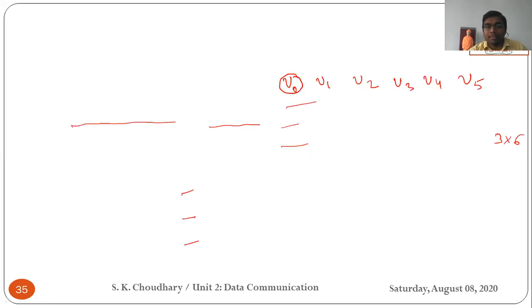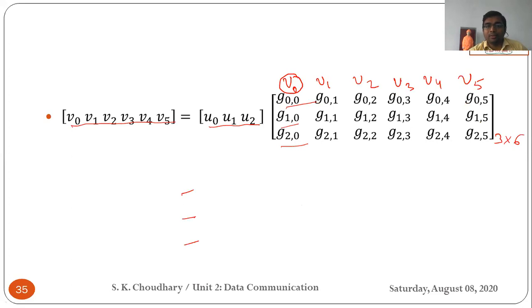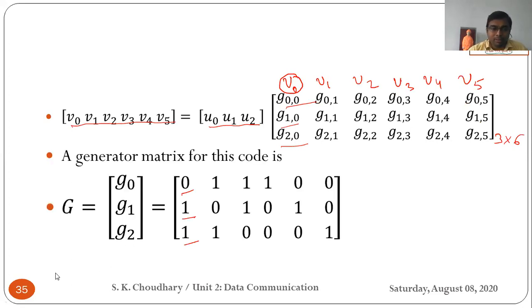So if you see what V0 is, V0 is nothing but U1 plus U2. This is U0 plus U2. This is U0 plus U1. And this is U0. This is U1 and this is U2. Just put up these values, you will easily get your answer.